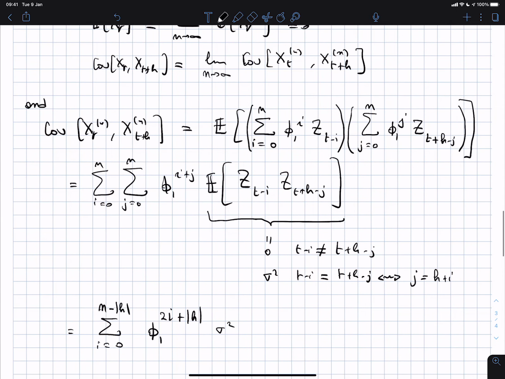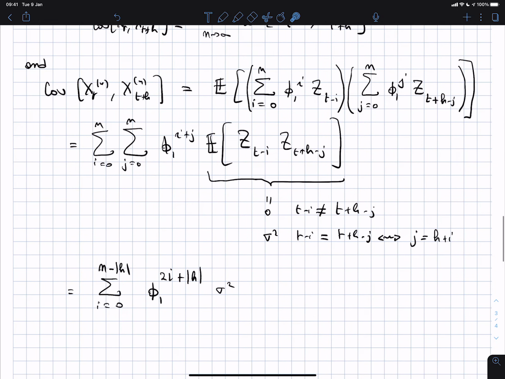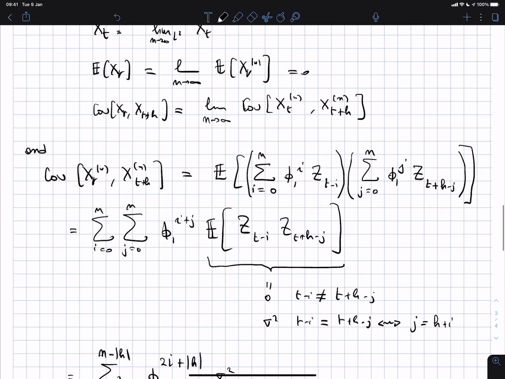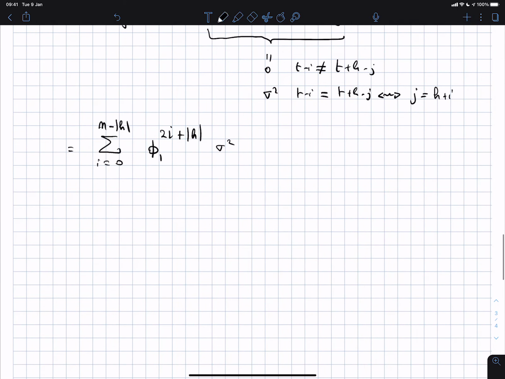And this tells us that if we go back into here, the covariance that we were trying to compute at the beginning is equal to this.